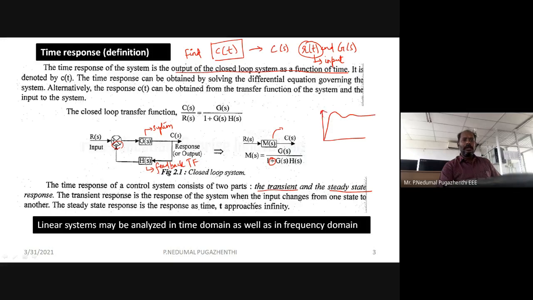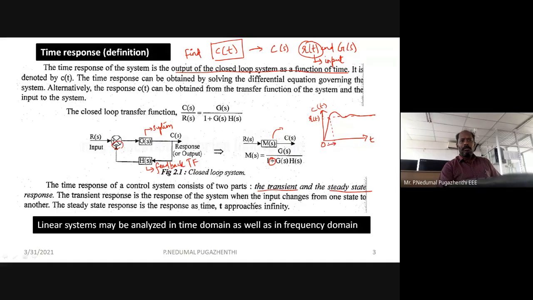Let us say this is your output response C of t with respect to time, and we fix this as your steady state value. This is your steady state. So how does your system change from its initial state to its final state? The final state is this one, most probably it is your R of t.